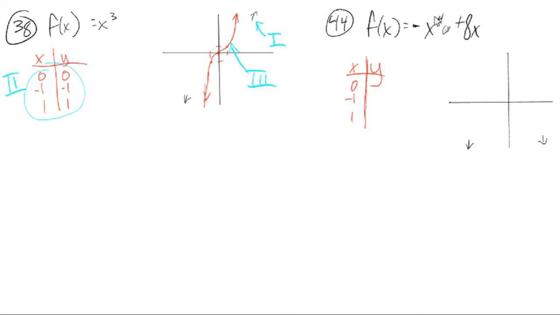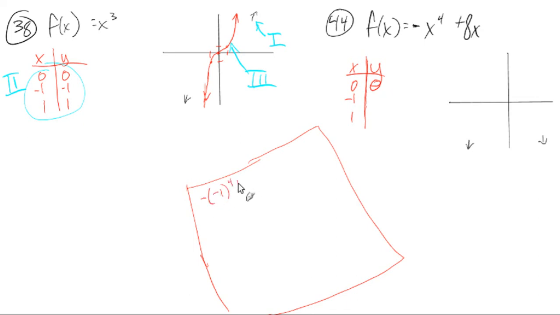Put 0 in there. That's a 0. That's a 0. So we get 0. Let's put a -1 in there. You can do it in your head or on a scratch piece of paper. Maybe I'll make a scratch piece of paper over here, right? And I've got negative 1 to the 4th plus 8 times negative 1. Negative 1 to the 4th is going to be negative 1 times itself 4 times, which will end up being a positive 1. Then we make it negative, so we get negative 1.